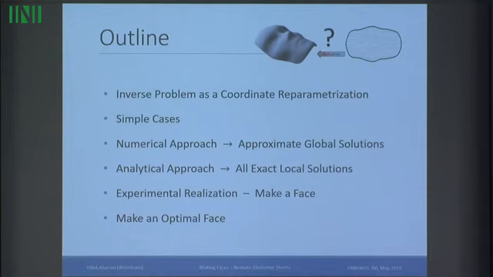So starting at some initial condition, we grow an exact solution. Some of them we may be able to extend to the entire sheet. Some will remain local. But this gives us not only exact solutions to the target geometry, it gives us all of them, basically, or at least all of them locally.